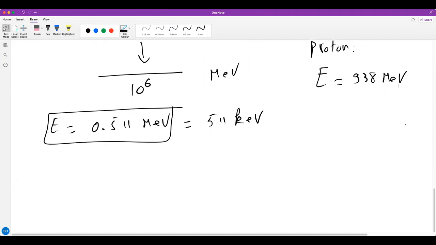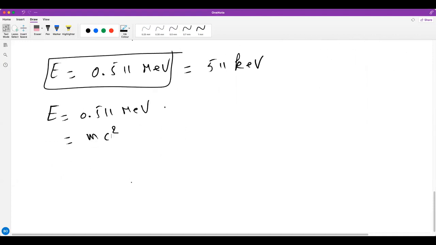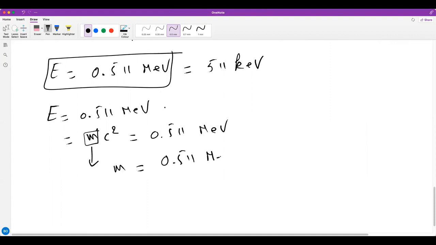Now, let's go back to the electron. The energy at rest of the electron is 0.511 MeV, right? Which is also equal to the mass of the electron times c squared. So now the mass of the electron becomes equal to 0.511 MeV, but this c squared we bring as part of the unit.